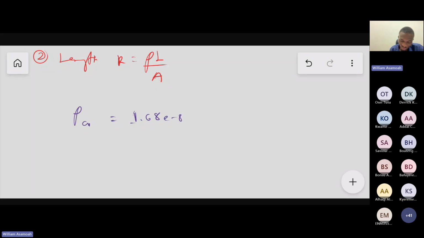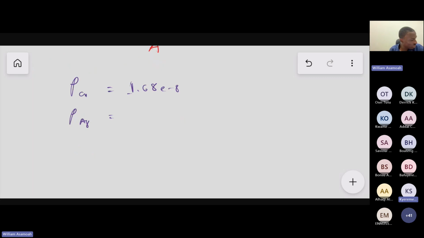So resistivity of copper is 1.68 times 10 to the power -8. Resistivity of silver, Ag, is equal to 1.59 times 10 to the power -8. Resistivity of gold, aurum, is equal to 2.44 times 10 to the power -8.